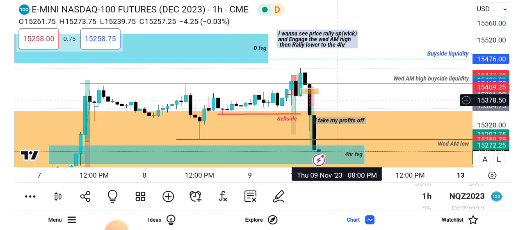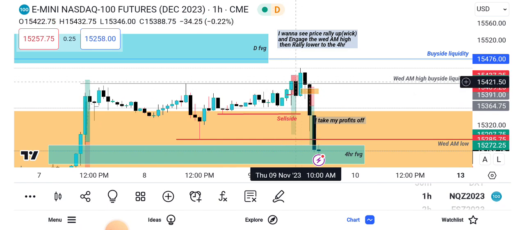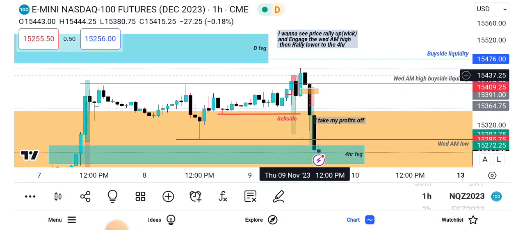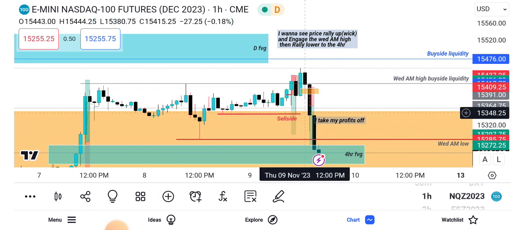Around 11 a.m., let's start with 9 a.m., this liquidity was taken at 10, but it's around 12, in the lunch session, that this price action lower happened.